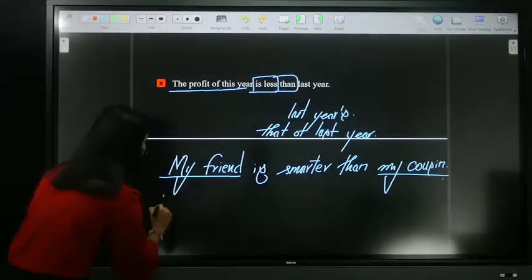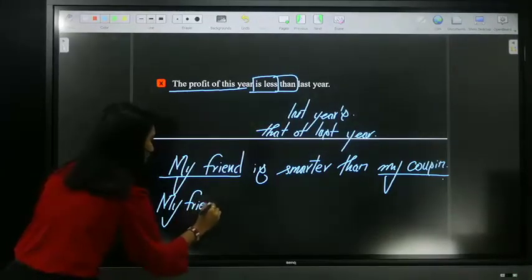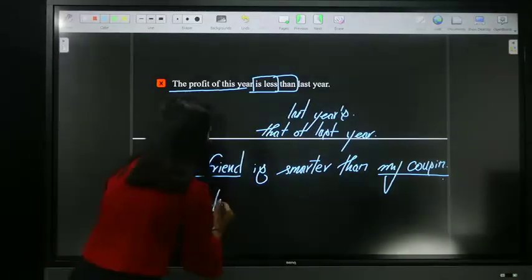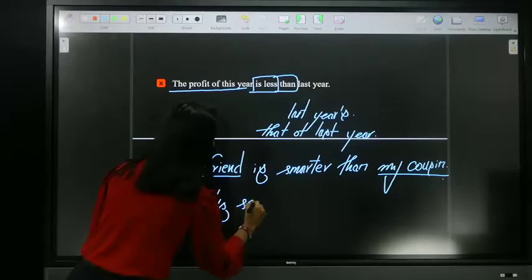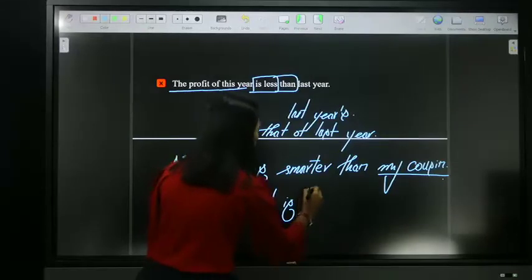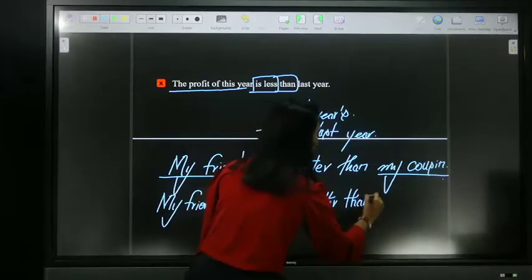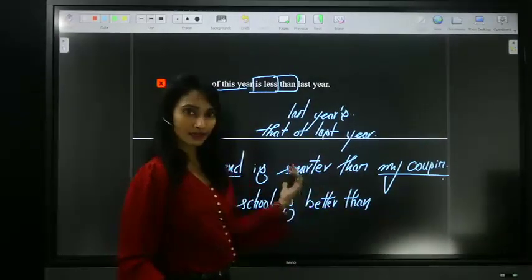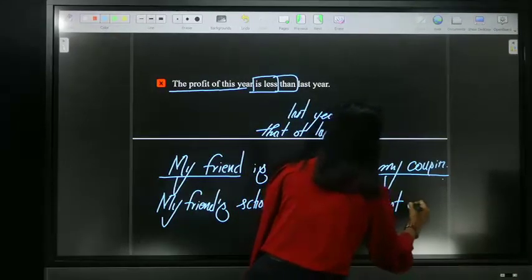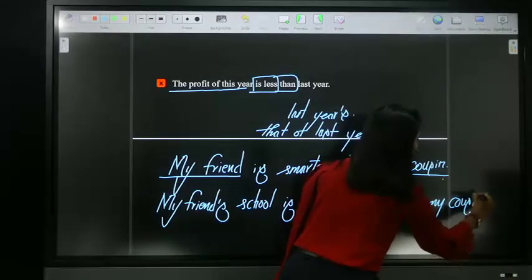But if I wanted to go with possession, look at this. Now I'm giving possession. My friend's school or college is better than my cousin's school, or better than that of my cousin.